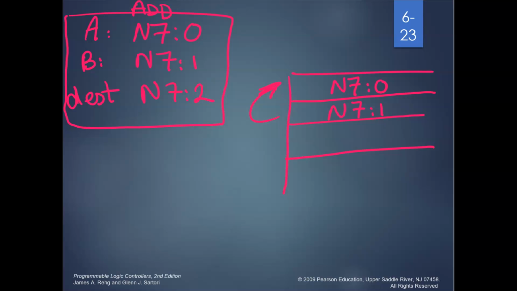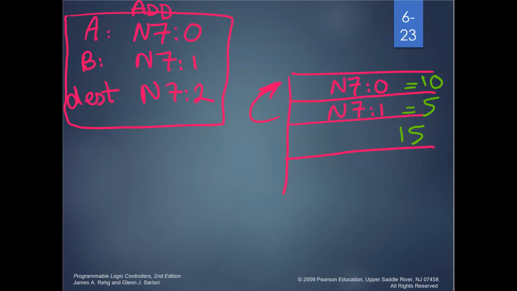For example, let's assume that what you have here is equal to 10, and what you have here is equal to 5. If you add them 1 time, your result at N7:2 will be 15. If you add them 100 times, that's the same. But sometimes we want an accumulative process.